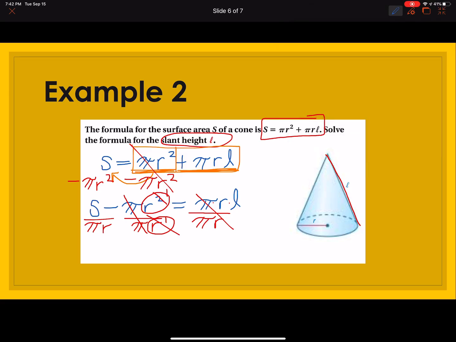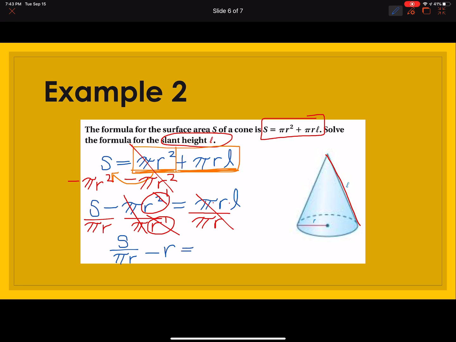So now, with all of that taken out, I didn't change anything on the left side. So with the S over pi times r, now this second term has simplified to just an r to the first power, or r by itself.